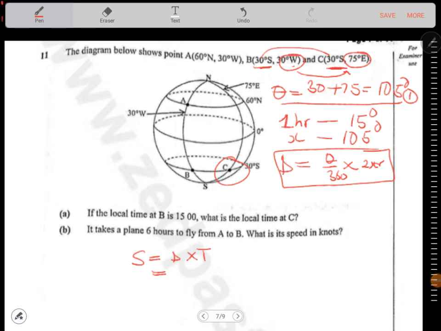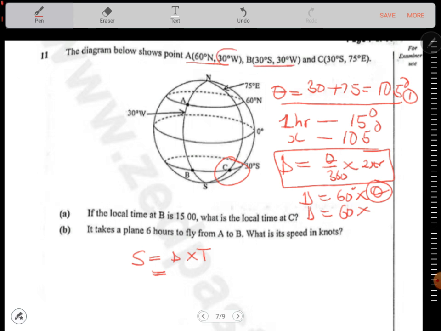But in this case, this is paper 1, so we can use distance is equal to 60 nautical miles times the change in degrees between A and B. When we look at A here and B here, you can tell that they are on the same longitude but in different latitude, so you add these 2, which is 90.